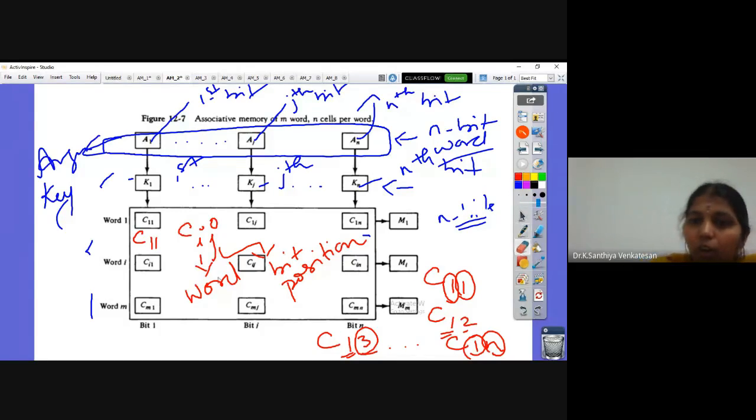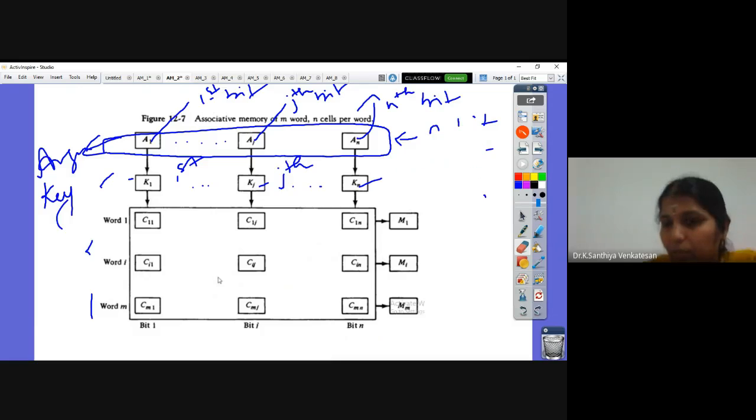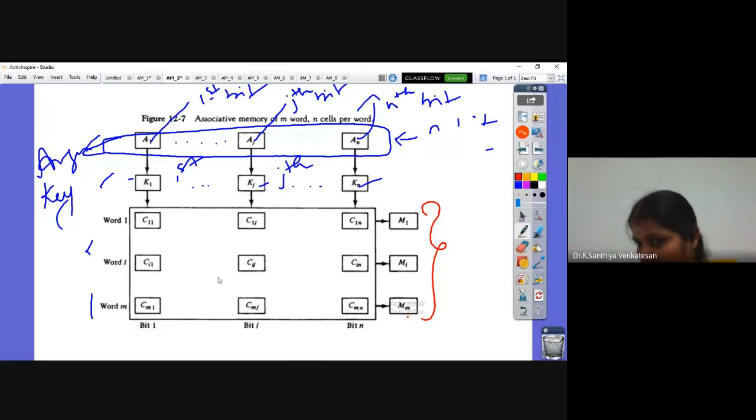Then how are we going to set this M1? That is also important. Your match register will also contain m words, because however many words are there in your memory, the equal number of words should be there in your match register also. So if in my memory I have m words, in my match register I'll also have m words: M1, M2, the ith word in memory, similarly the mth word, which is the last word, because totally we have m words.